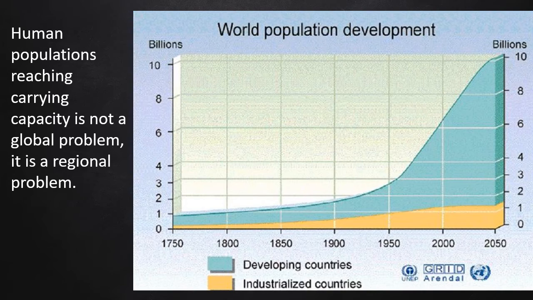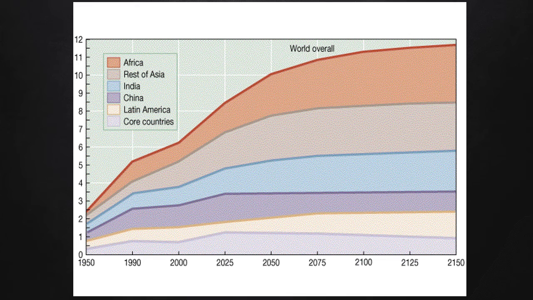You can see by this graph that there's a huge divide between population development in developing countries and industrialized countries. In this graph, you could see that Africa is at the top of human population growth and population density, followed by the rest of Asia, then India, then China, Latin America, and then the, in quotes, core countries: Europe, United States, Canada, Japan.